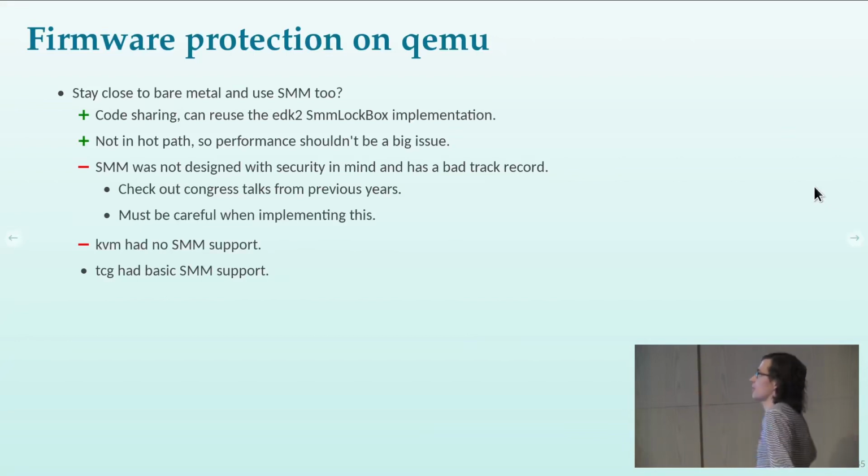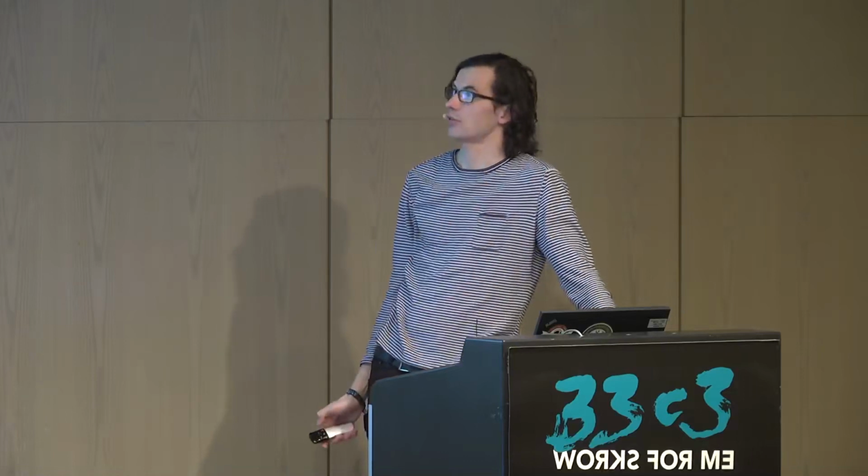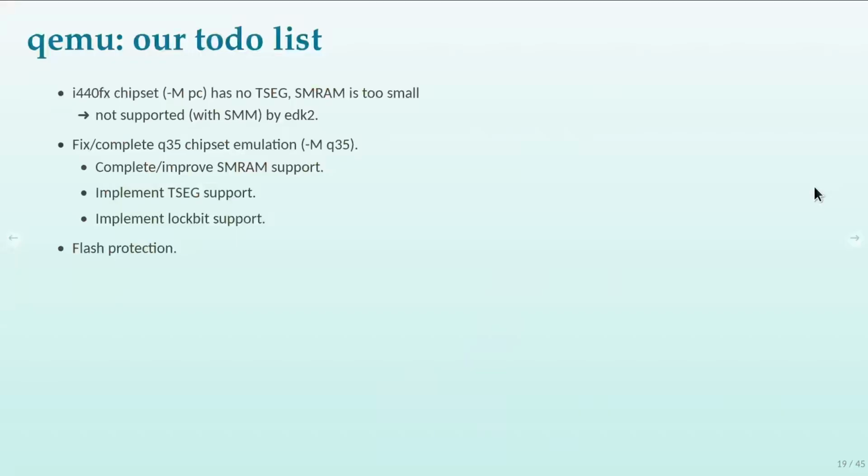Also, 2 years ago, we had no system management support in KVM, and TCG had at least some basic system management support. So we decided we go the system management route, and let's start looking at how it looks in QEMU. Our to-do list: QEMU can emulate 2 different chipsets.